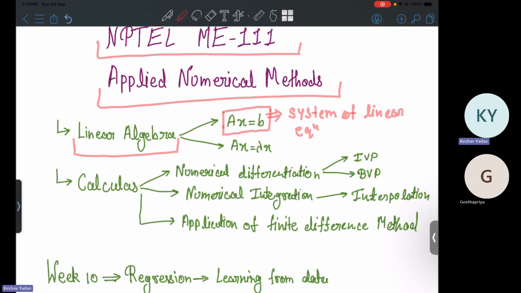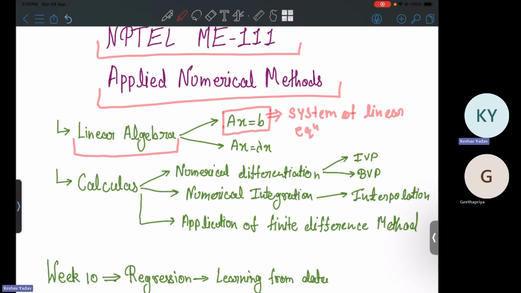We have seen how we can solve them, using both direct methods and iterative methods. In direct methods, we have seen the Gauss elimination method, which was the famous one, and in iterative methods, Gauss-Seidel iteration and Jacobi iteration.